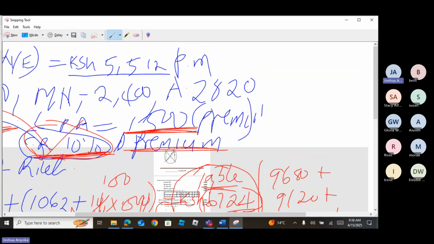From taxable income, how do you calculate taxable income? Taxable income is equals to basic salary plus allowances. Do we have nominal rent in the equation? Now get back to the equation.